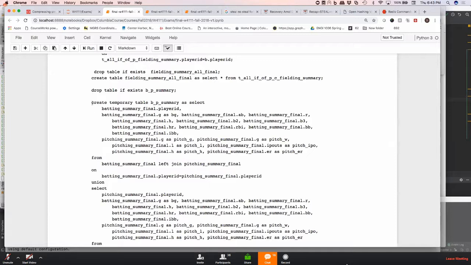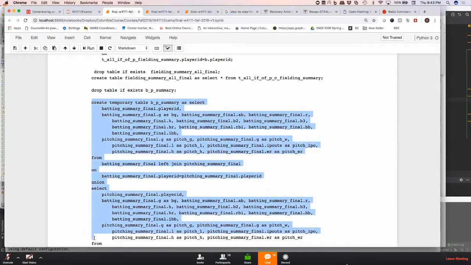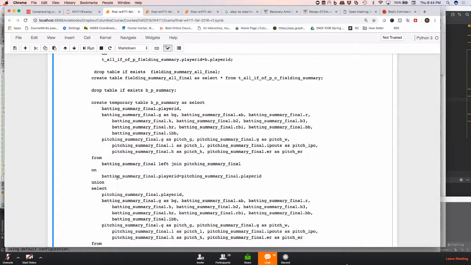But this is basically the outer join that produces the answer. So you can see literally what's happening is that I'm just doing a left join and then a right join and then taking the union. And so that's the query statement that'll actually do the full outer join. Right? Yep.